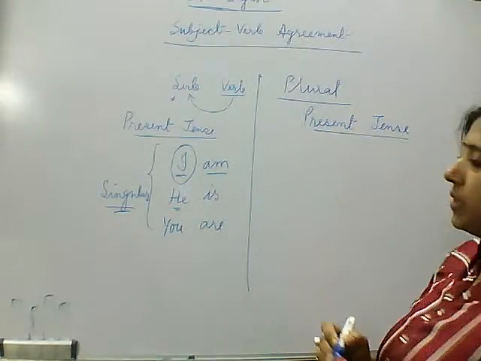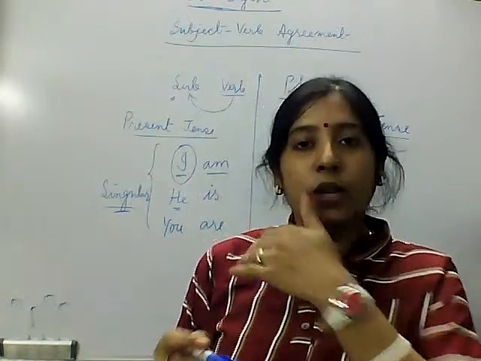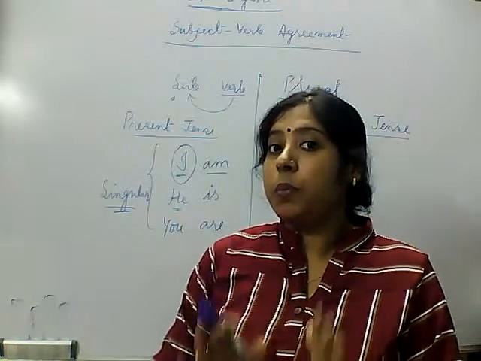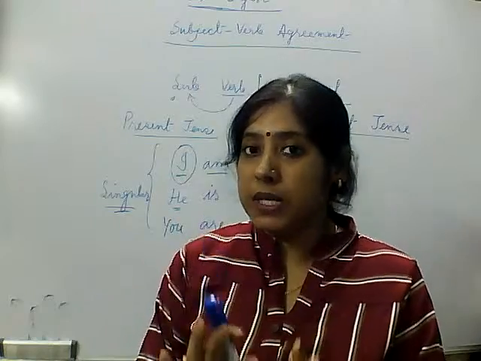Most of the time in error correction we give you these kinds of things, and you make mistakes. So it's very important to know that if the subject is singular, then the verb will also be singular.